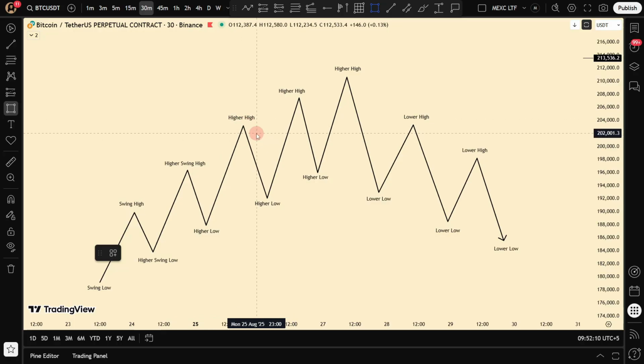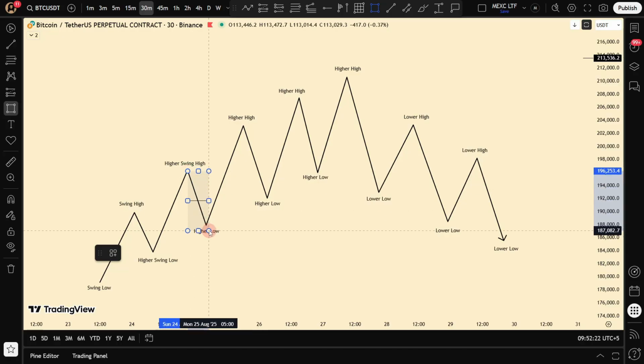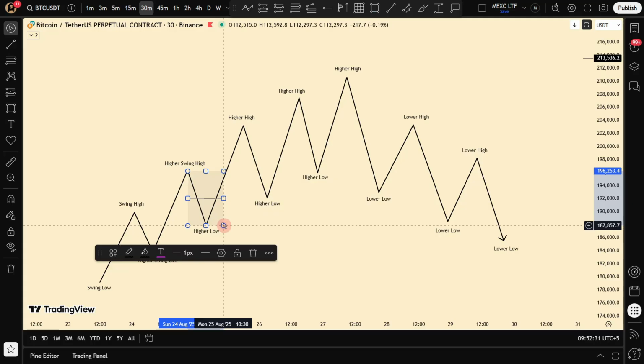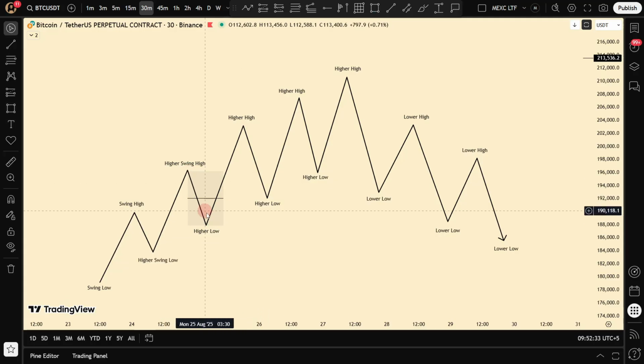So the zone would be, you would take the previous swing high, you will draw a box, and you will drag it to the low, the previous swing high to the recent low, the top to the bottom of the retractive leg.